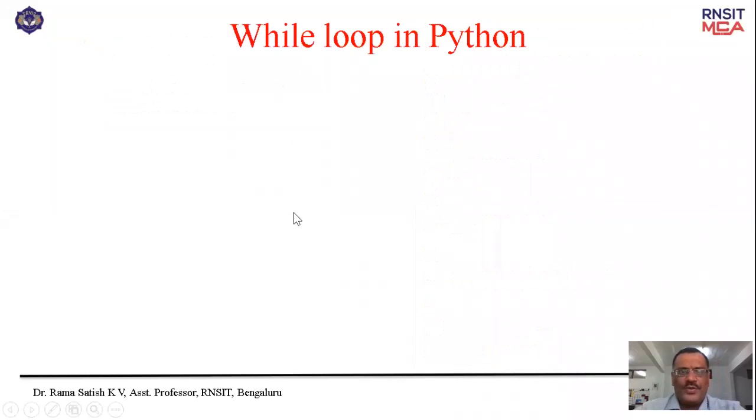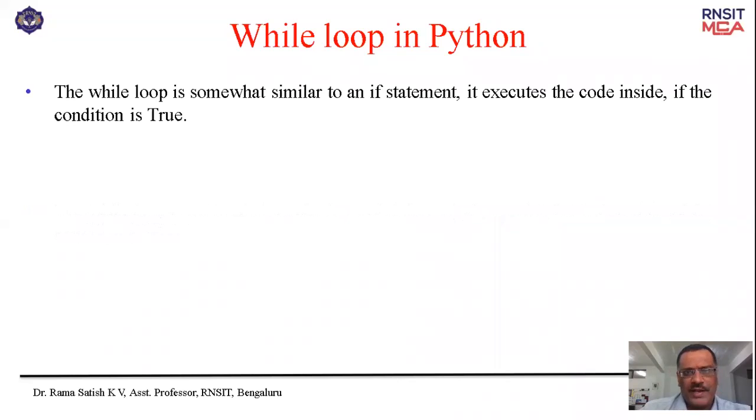And coming on to yesterday, we started with the while loop, and we got less time. The while loop is similar to an if statement. It executes the code written inside that block if the condition is true.